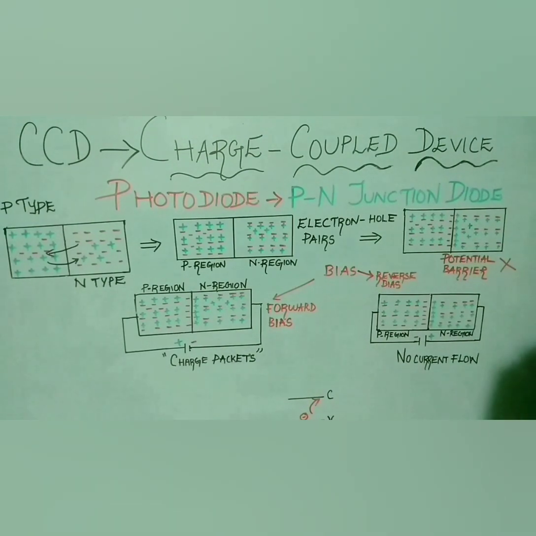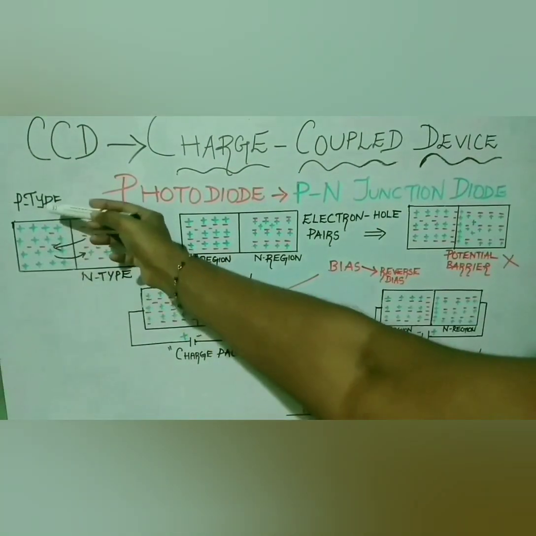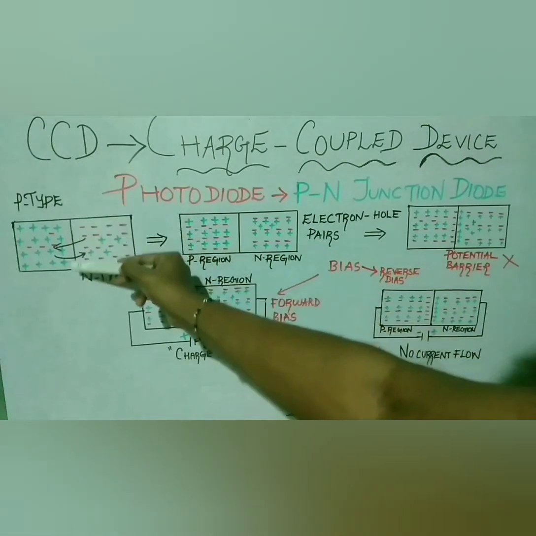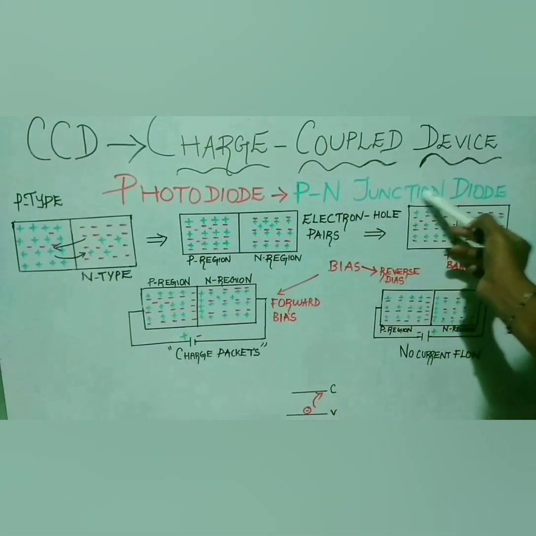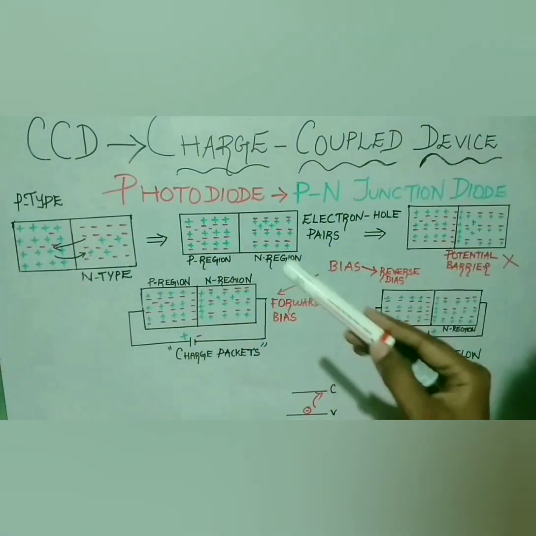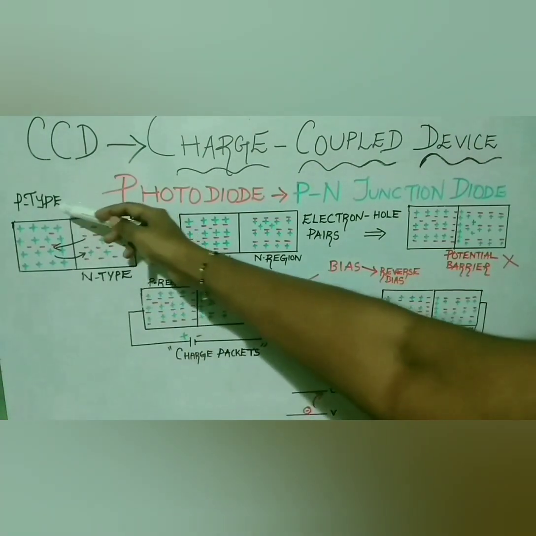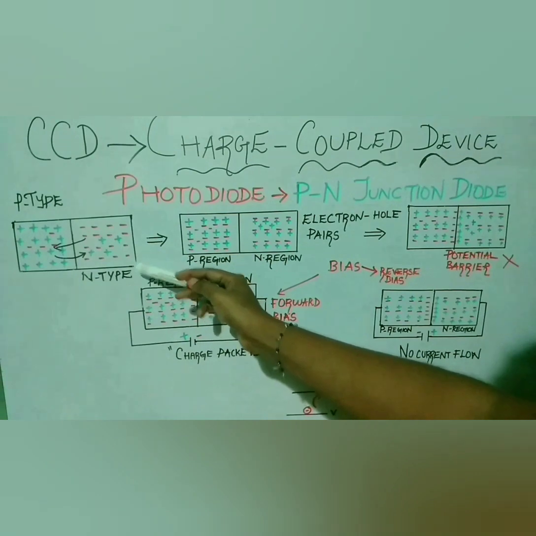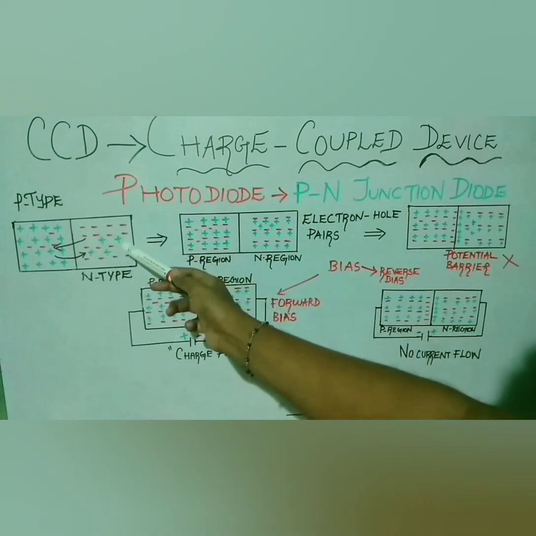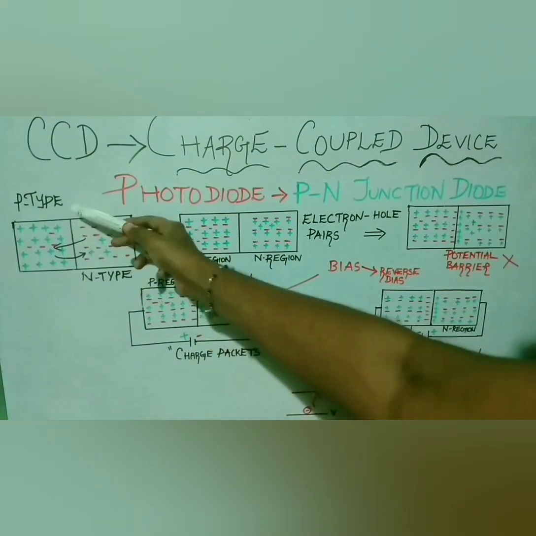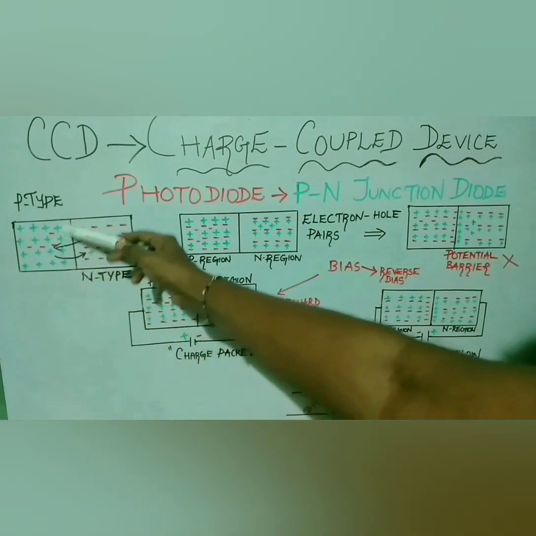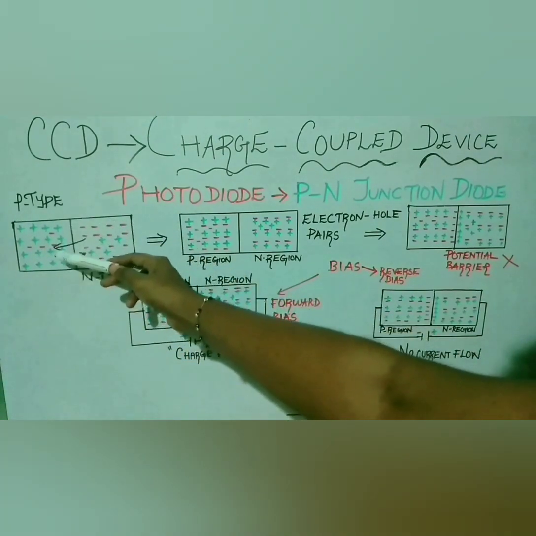Now, let's see everything in detail. When p-type and n-type semiconductors are joined together, a p-n junction diode is formed. As we already know, in p-type, holes are the majority charge carriers, and in n-type, electrons are the majority charge carriers. So when this junction is formed, majority charge carriers diffuse across the junction.